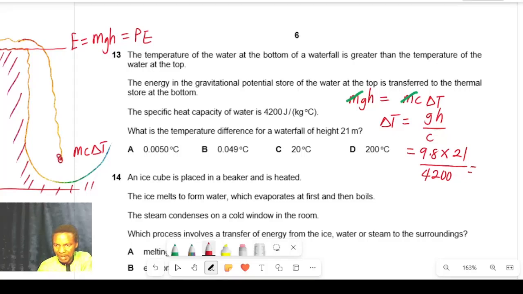If you divide that, it's going to give us 0.049 degrees Celsius.